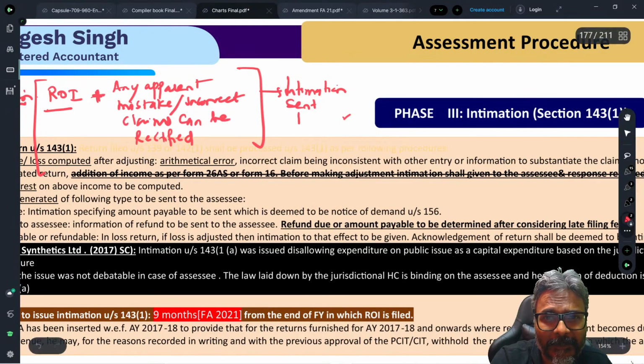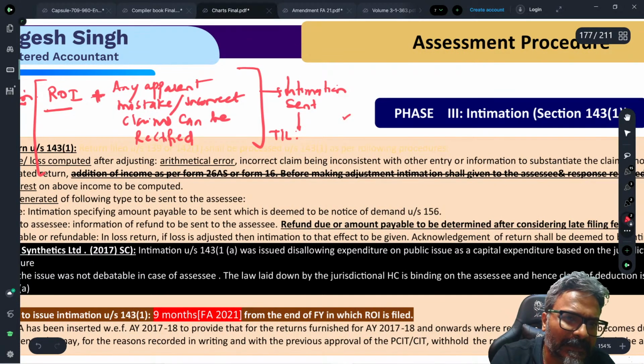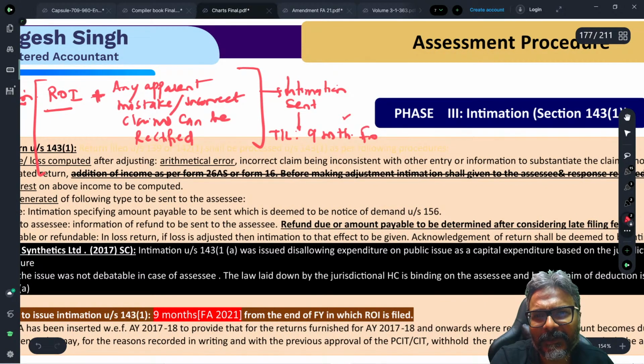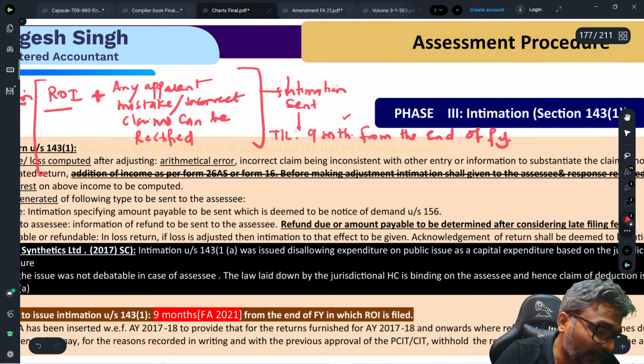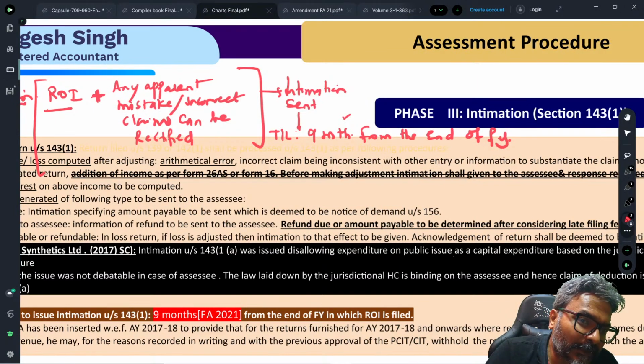Now, what is the time limit to send the intimation? The time limit, students, is now also revised. 9 months from the end of the financial year in which the ROI is filed. Can you see this? The financial year in which it ends, students, is the 31st of March.